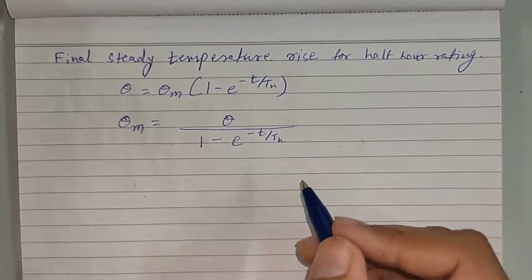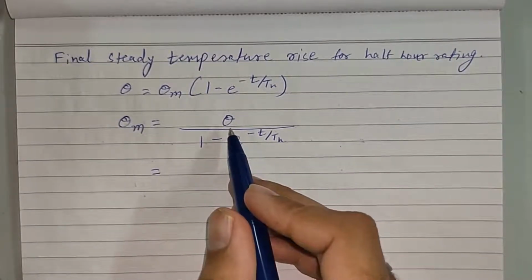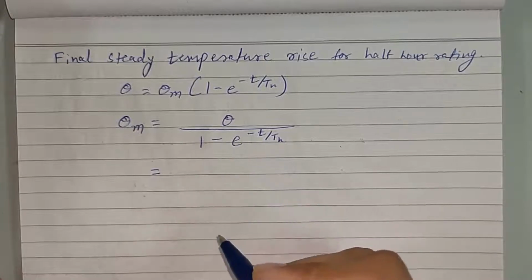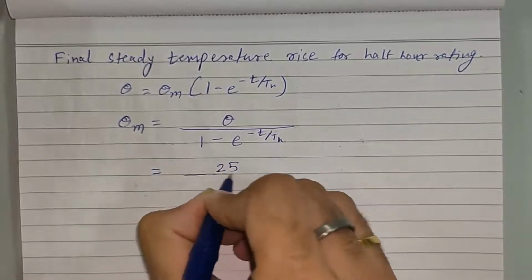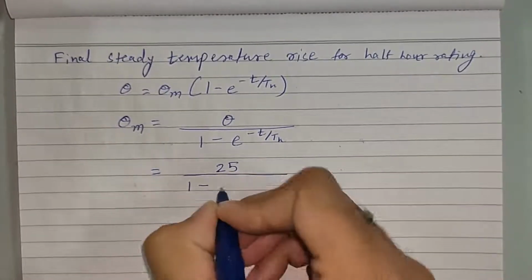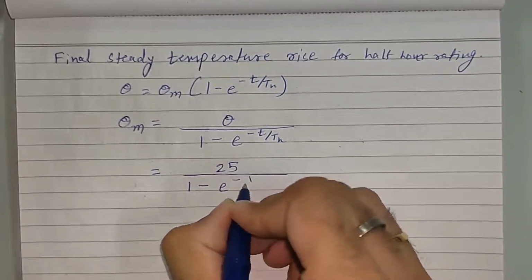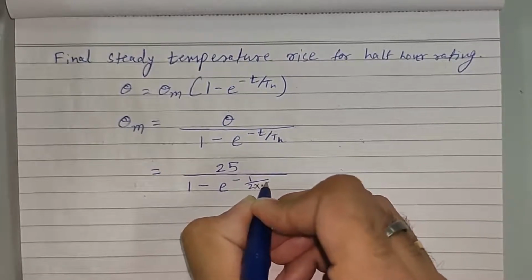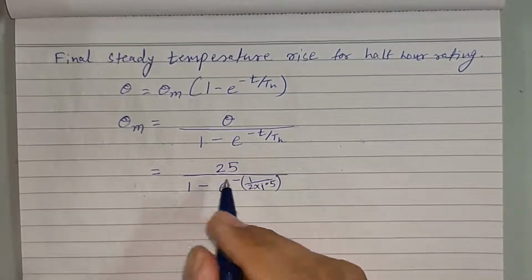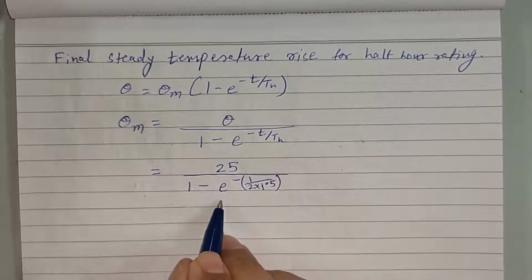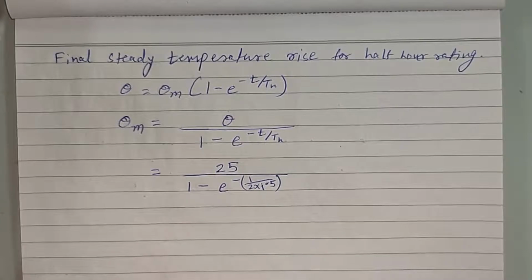So substituting these values, and the value of theta is already given to us, we get 25 upon 1 minus e raised to minus 1 by 2 into 1.5, where the value of th is 1.5.